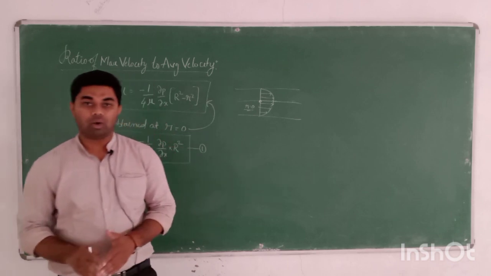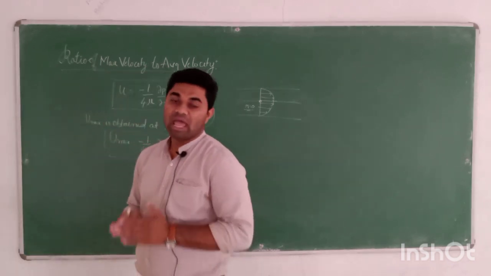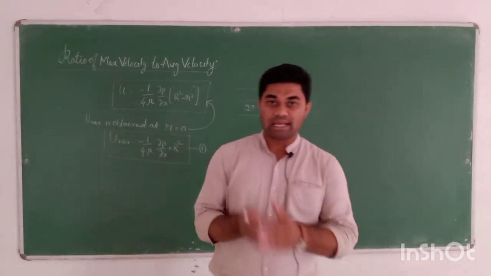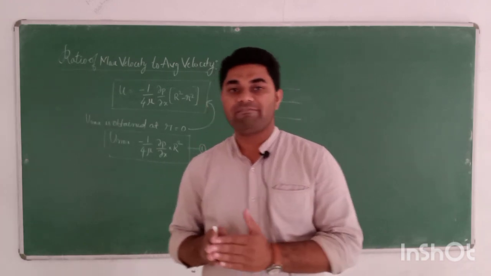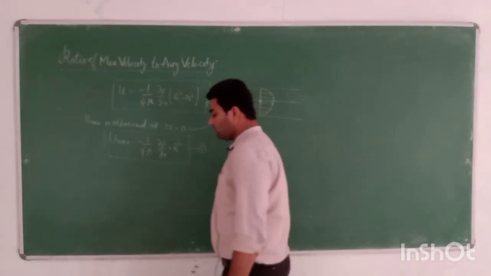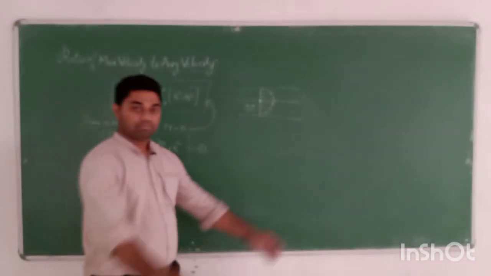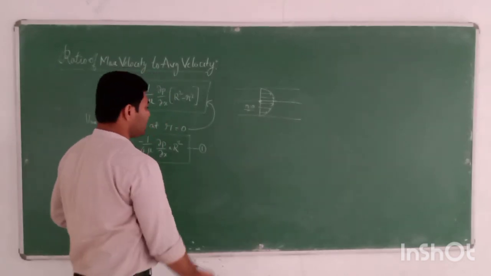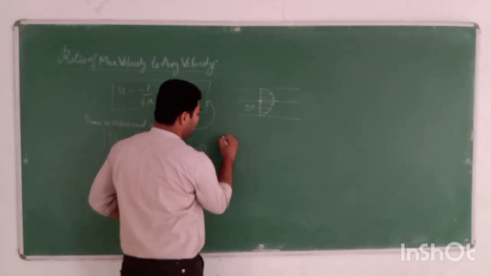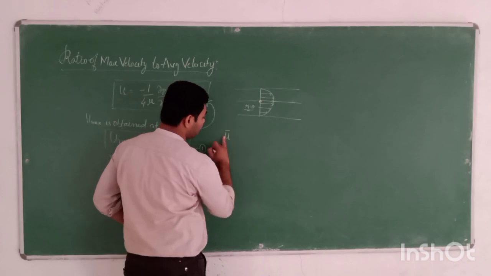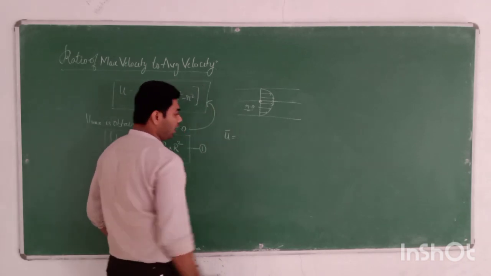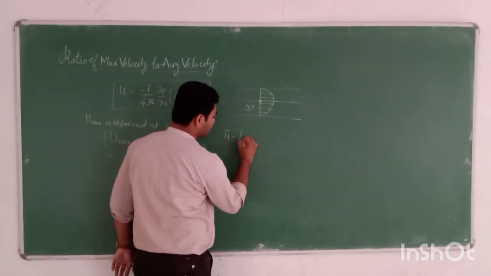Now we need to find the average velocity. Average velocity in a circular pipe is generally found by a formula, and we denote average velocity by U bar. U bar is nothing but discharge by area.